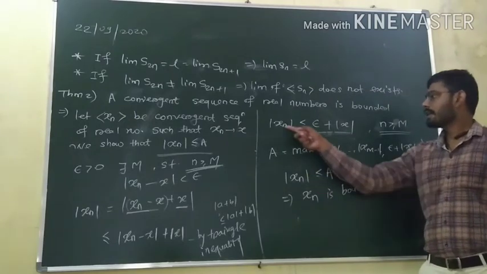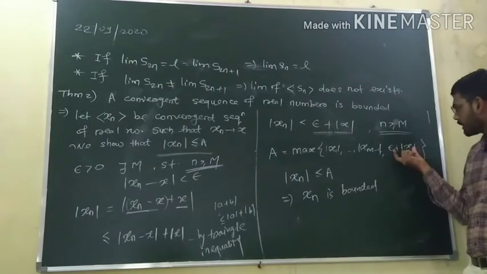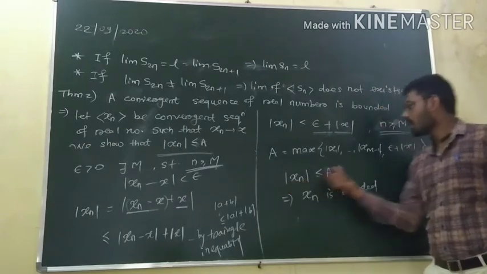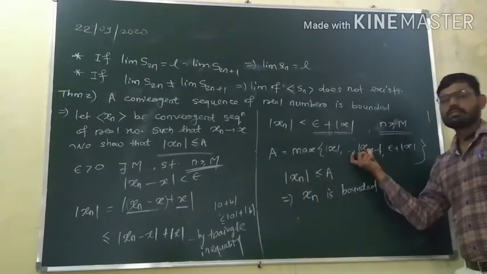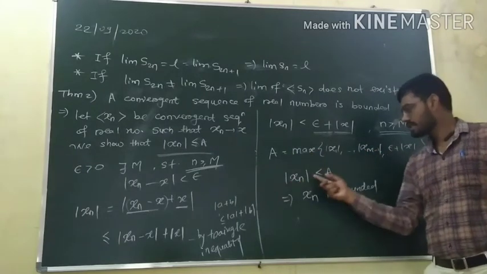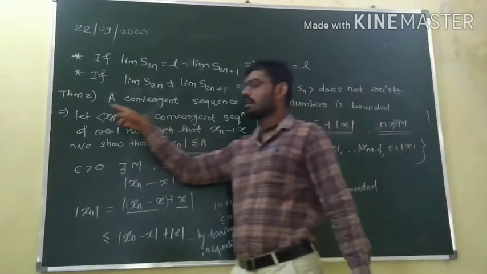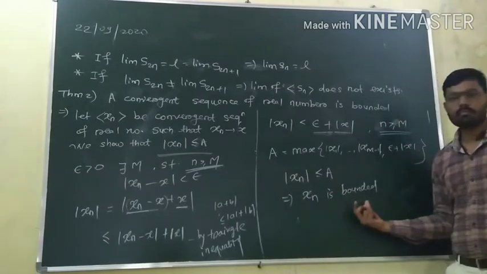Because each term of xn from xm plus 1 onward is less than these terms. So this is the upper bound for xn, or among these terms, whichever is maximum is the upper bound for xn. So mod of xn is less equal a, so xn is bounded, and we had taken xn as a convergent sequence. So every convergent sequence is bounded.